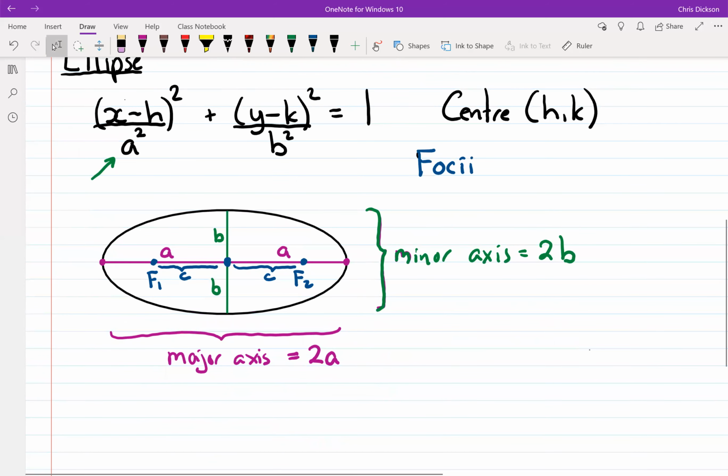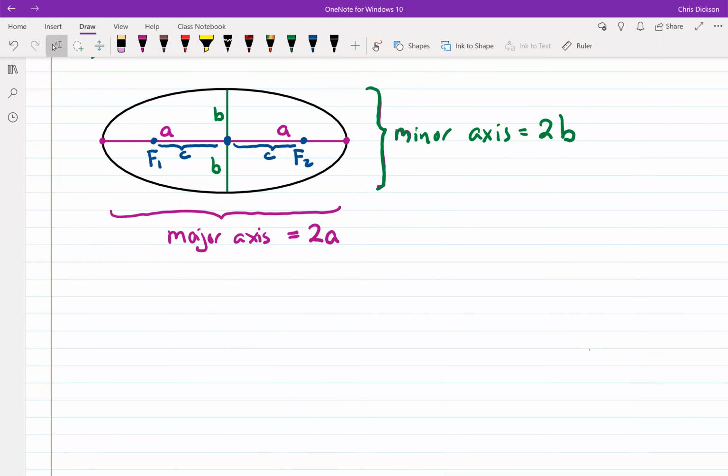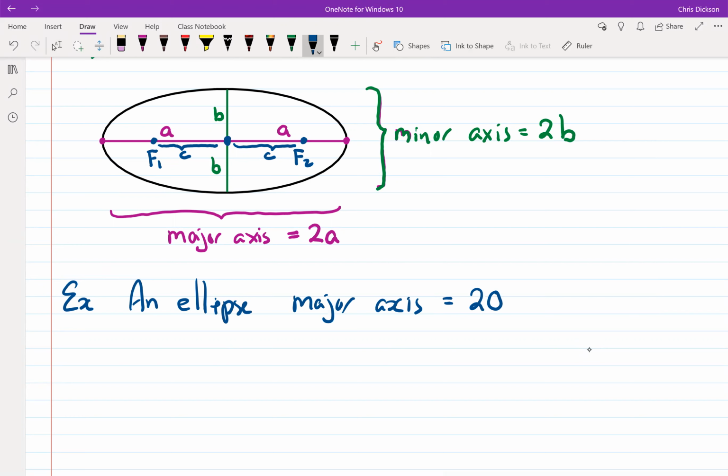So let's say you have an ellipse that has a major axis equal to 20, a minor axis equal to 12, and a center at 3, 4.